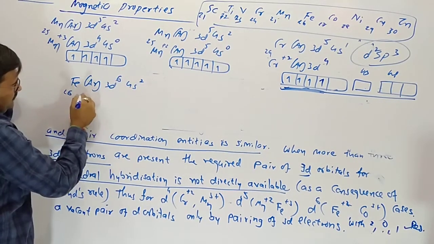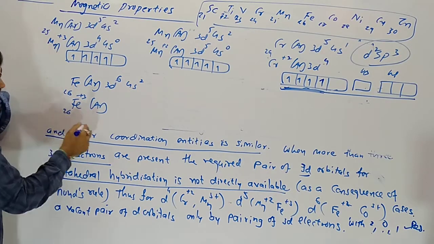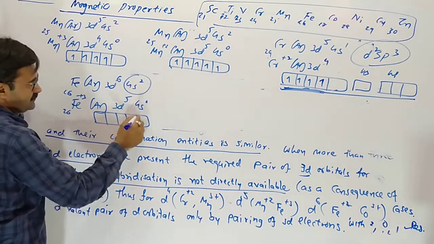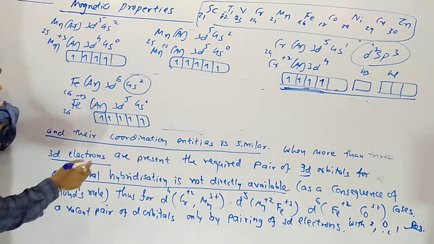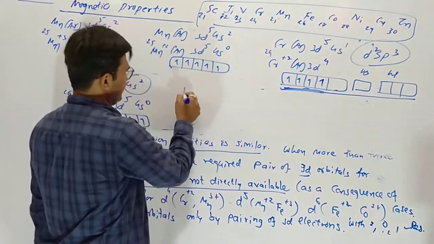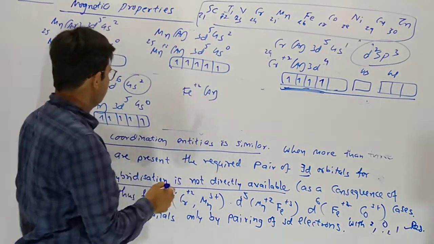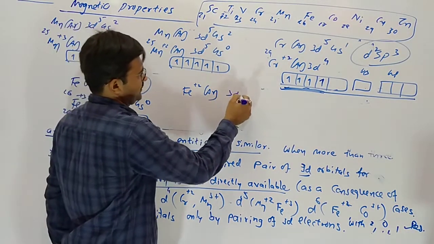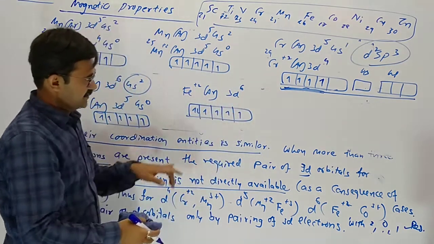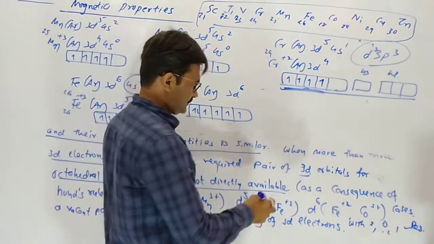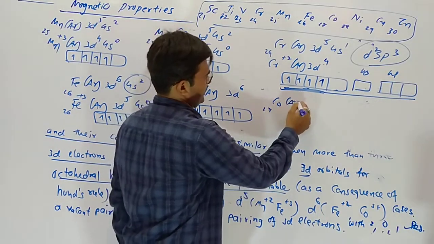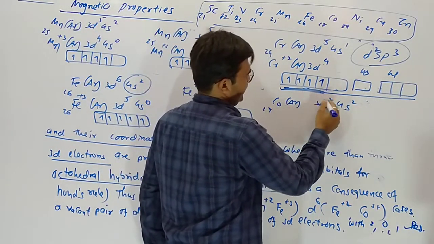In Fe plus 3, 3 electrons are removed, first two from 4s and one from d. So here is d5. And d6 in Fe plus 2. 2 are removed, so 3d6. Like this, 1 paired and 4 unpaired. d6. And cobalt 27, argon 4s2 3d7.